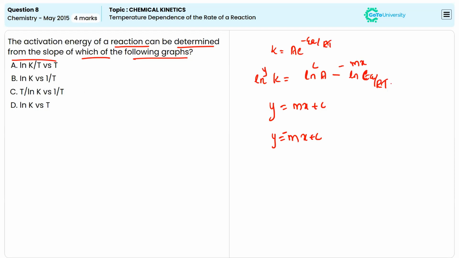So here we take ln k in the y-axis and in the x-axis I am taking 1 by T. So I will get a straight line with a slope of minus Ea by R. Okay. So here the answer is ln k versus 1 by T, option B.